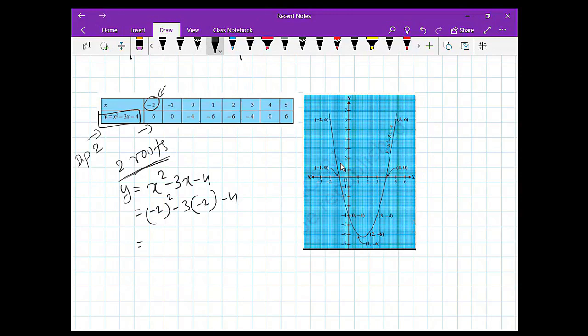Minus 2 square is 4, minus into minus gives plus 3 times 2 is 6, and 4 minus 4 cancel, the remaining is only 6. It means when x equal to minus 2, y will be 6. This 6 is here.